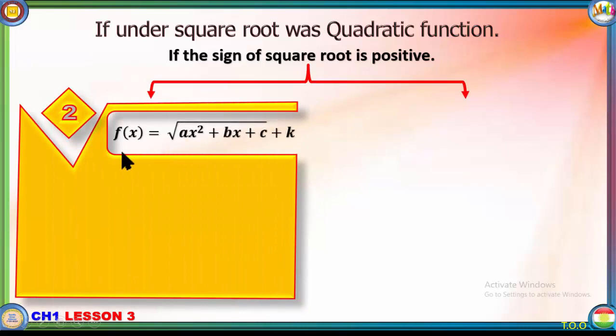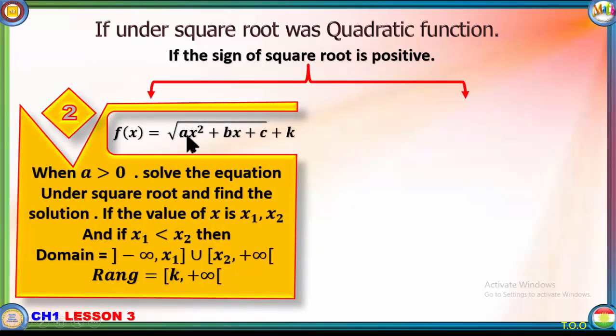The first one, if the leading coefficient a is bigger than 0, then solve the equation ax squared plus bx plus c equal to 0 and find the value of x.